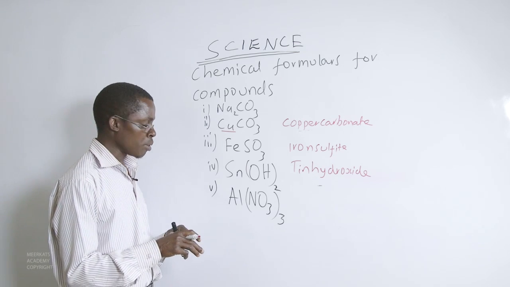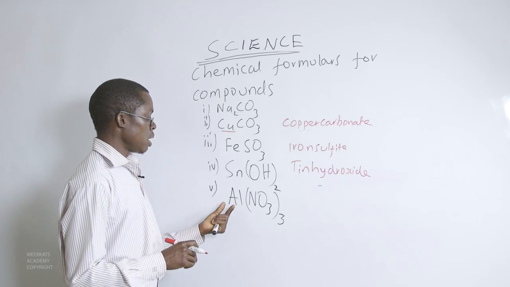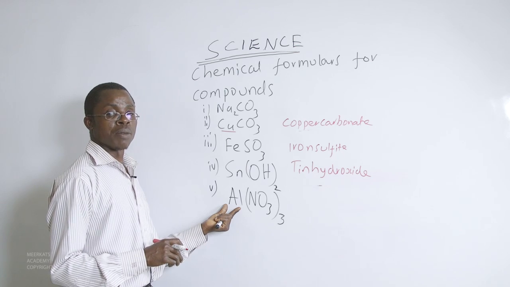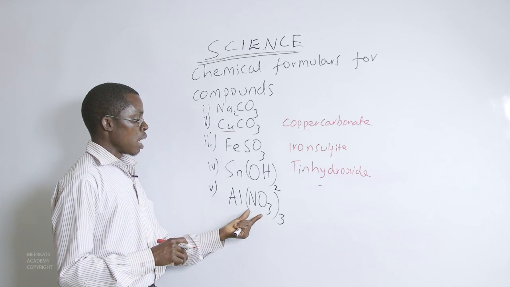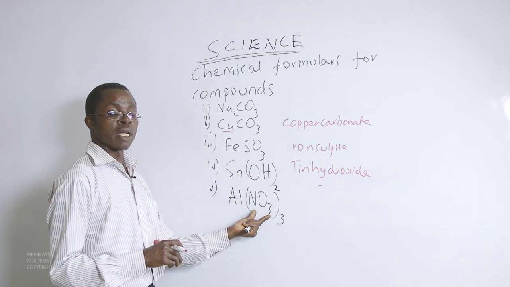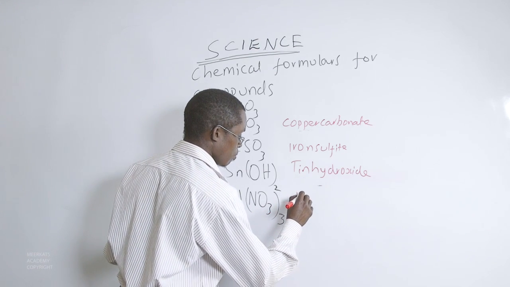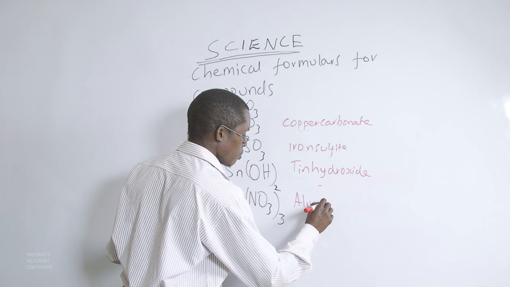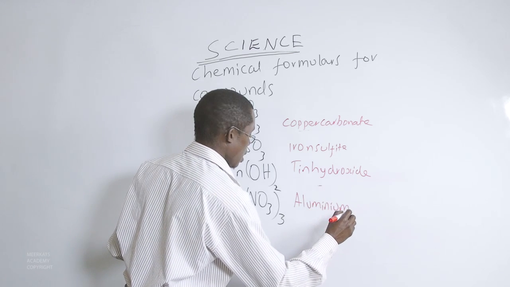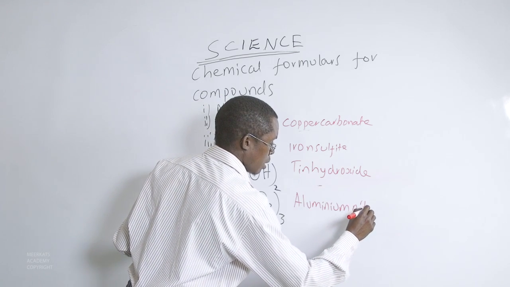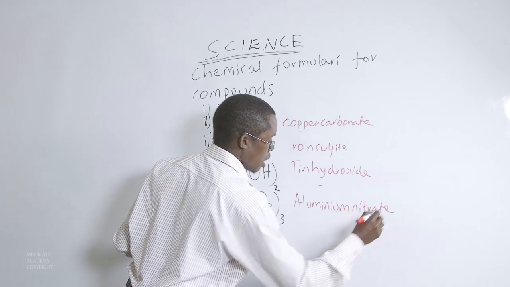Let's look at the last example, which is aluminium as the metal element, and the radical here is called nitrate. So the name becomes aluminium nitrate.